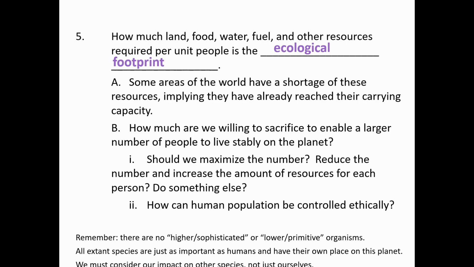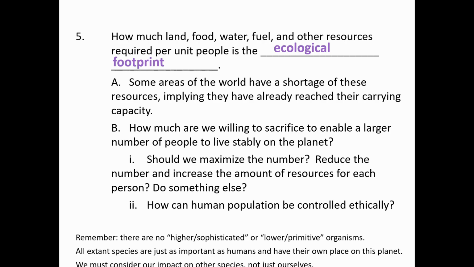Remember, again, we're not looking at higher sophisticated or lower and primitive organisms, and that includes looking at populations of humans. We also don't want to just think of ourselves. We're looking at all extant species, bees, bears, butterflies. All of these different organisms are important, and they all have their own place on this planet. So we don't want to just consider the impact on ourselves and the human population.